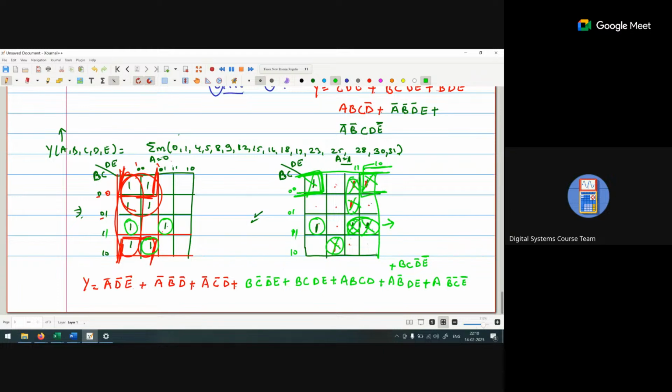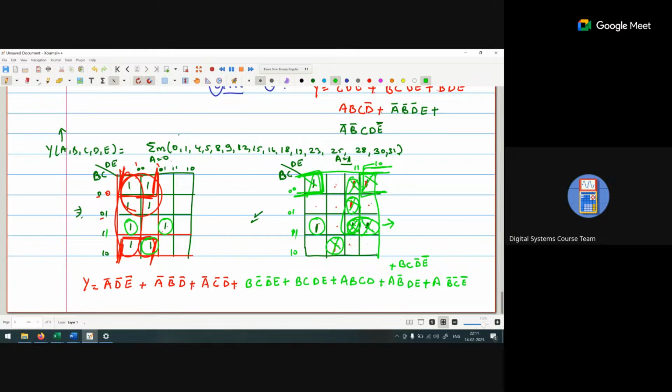Maybe one or two terms will be variable. Why? For example, I am creating one group also here. I am creating one group also here.